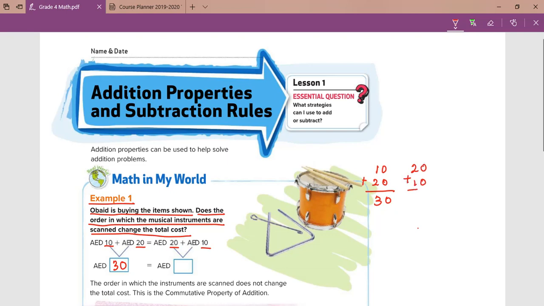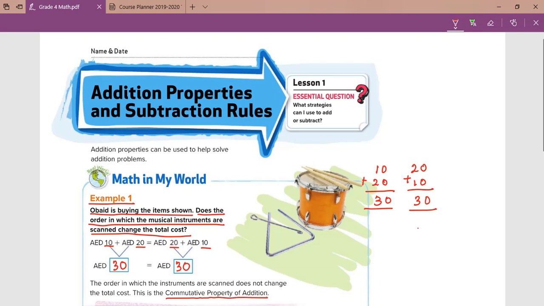If you add, it will still give you 30. So in mathematics, the ordering of these numbers changed. However, it does not affect the final results. So this type of property is what is called the commutative property of addition.